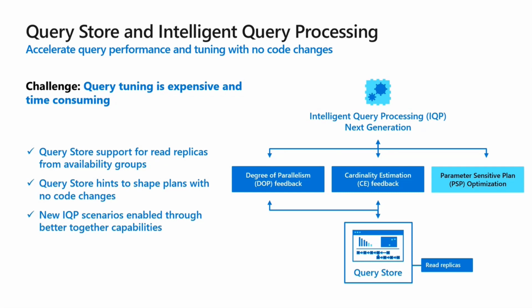For example, we all know that setting up the DOP for a specific query, for a user database, or even for the whole instance is quite complex, right? Depending on the amount of CPUs, cores, it can be quite challenging.